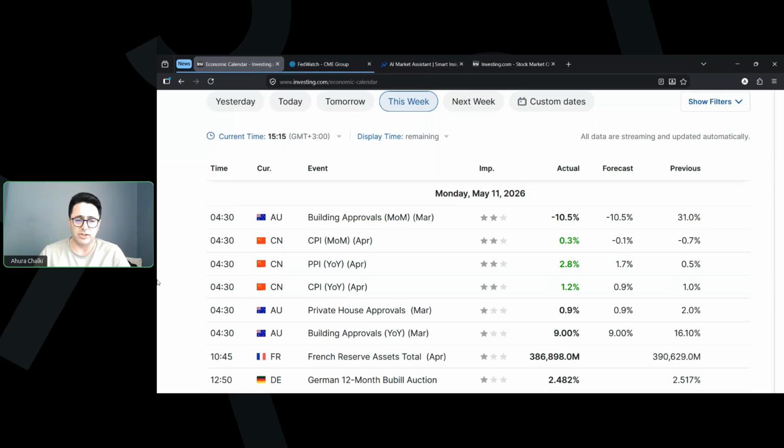When you have PPI at this level, it means prices are moving so fast higher for producers, and if they have such a big gap compared with previous months, especially if they believe it can continue for another 1 or 2 months, they cannot hold the final prices for consumers unchanged.